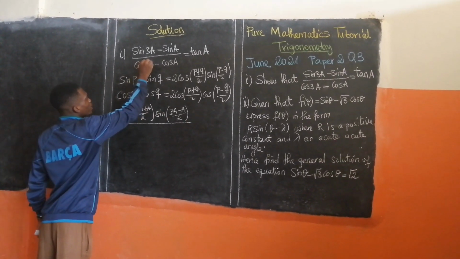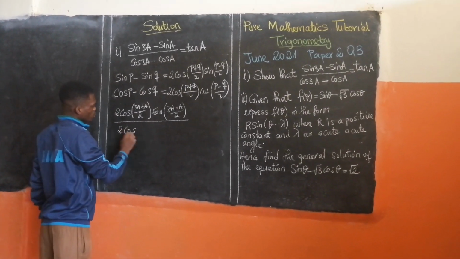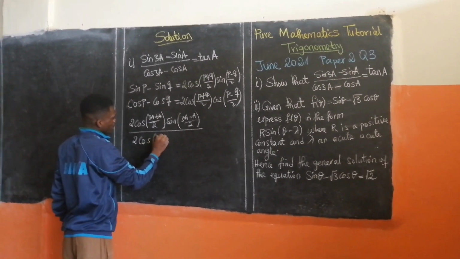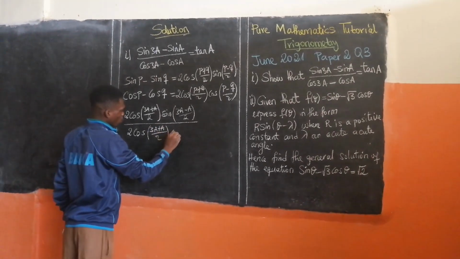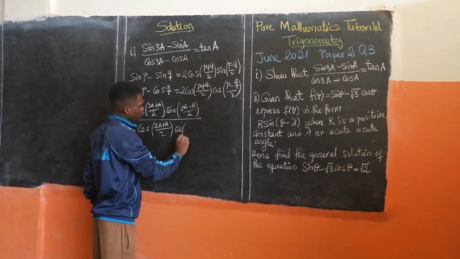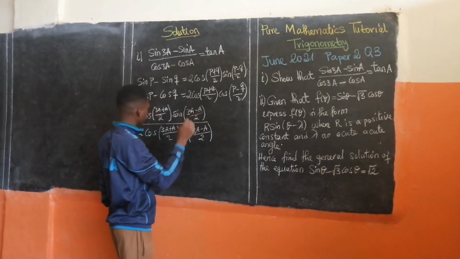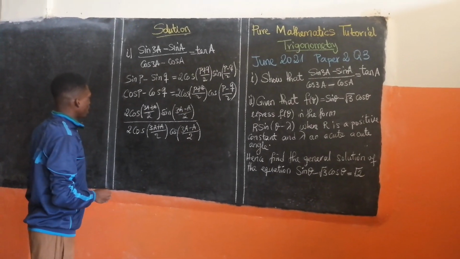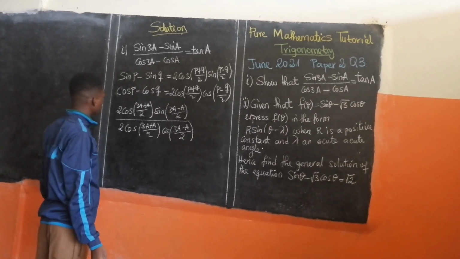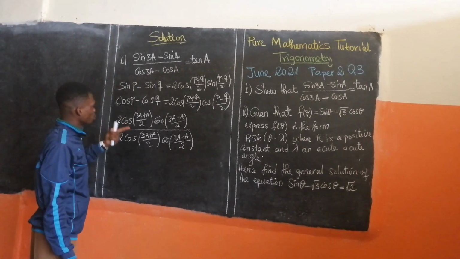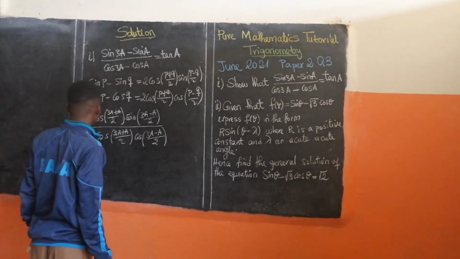Now cos 3a minus cos a will be 2 cos of (3a plus a) on 2, cos of (3a minus a) on 2. Now 3a plus a is 4a, on 2 is 2a. Exactly. So we have 2 cos 2a sine a over 2 cos 2a cos a.